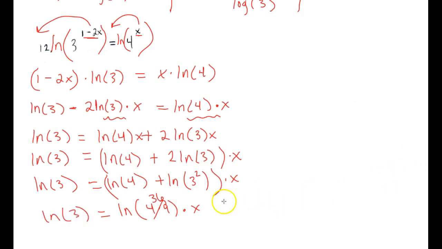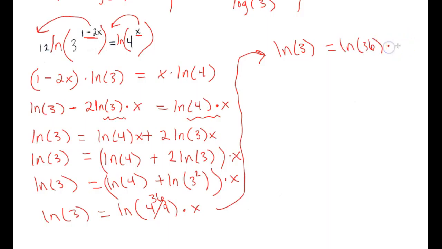And so now from here, I'm going to go ahead and come back up here. We know that we have natural log of 3 equals natural log of 36 times x. And so now we can just divide both sides by natural log of 36.